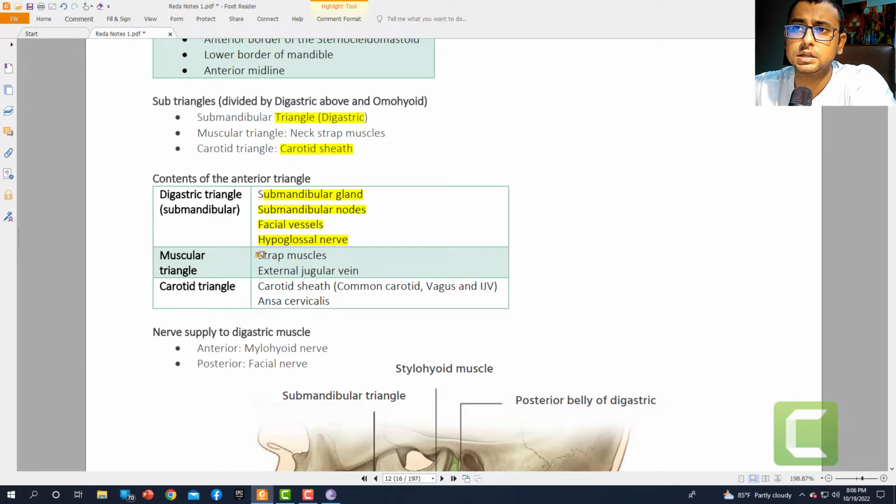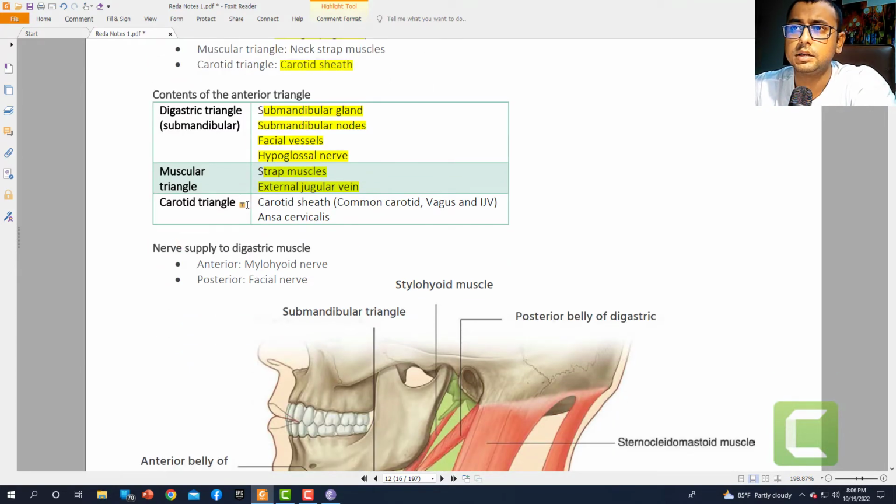And the muscular triangle contains the strap muscles and the external jugular vein, and the carotid triangle contains the carotid sheath, common carotid and vagus. The carotid triangle is mainly composed of carotid vessels and 2 nerves, the vagus nerve and the glossopharyngeal nerve. The carotid sheath contains the common carotid, vagus, and internal jugular vein.